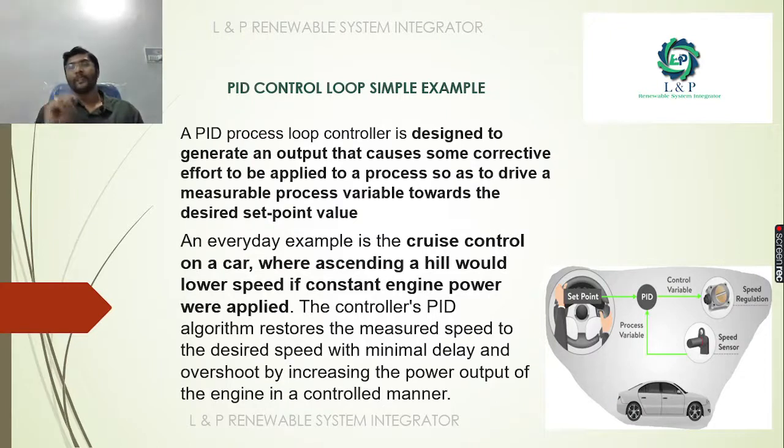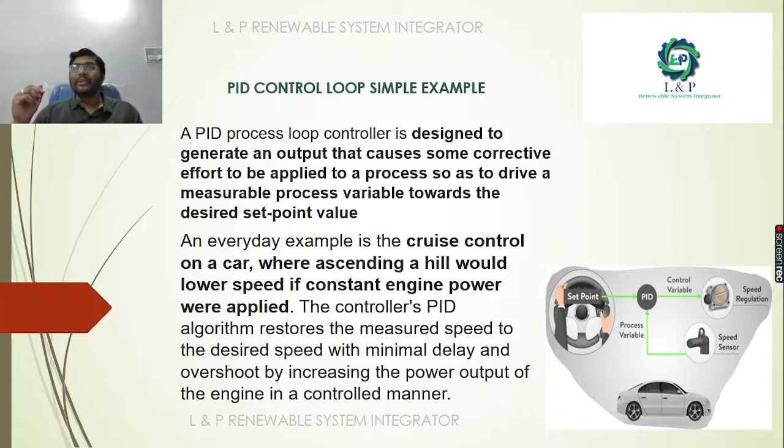Say for example, you are driving a car on a hill and you need to run at a speed of 70 km/h, then only it can climb that hill. If cruise control is not activated, what will happen?